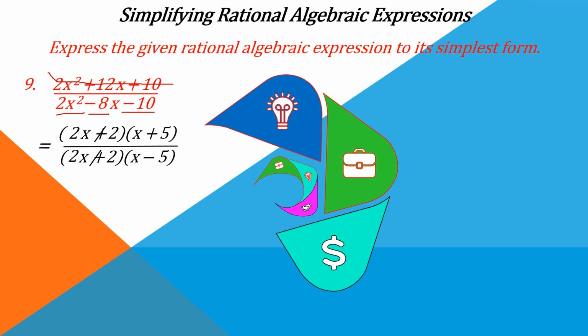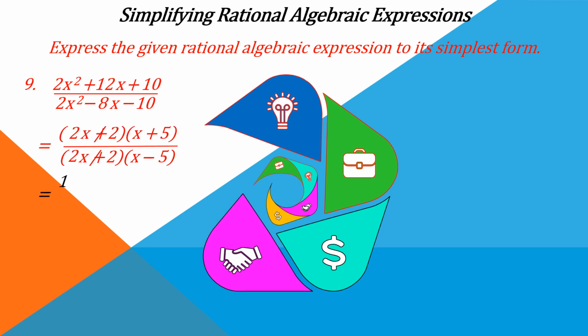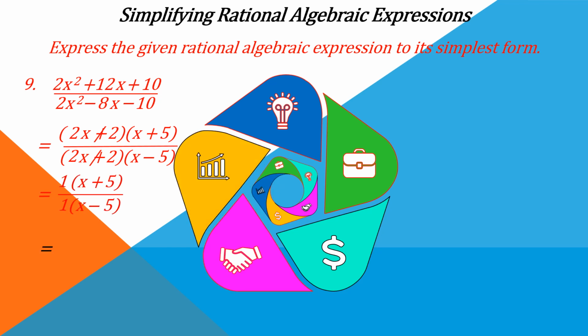Cancel 2x plus 2 and substitute by 1. We have 1 multiplied by quantity x plus 5 divided by 1 multiplied by quantity x minus 5, and it is equal to x plus 5 divided by x minus 5.